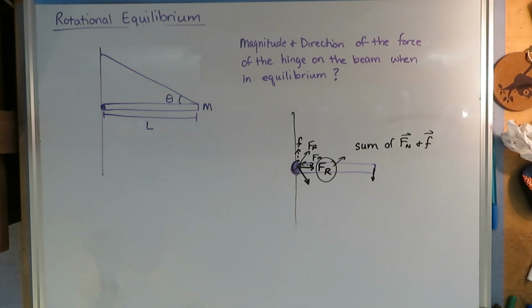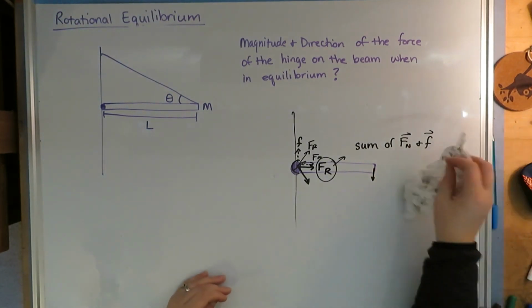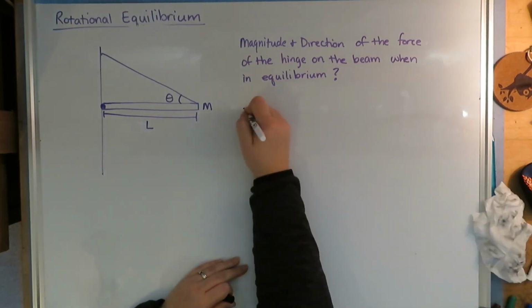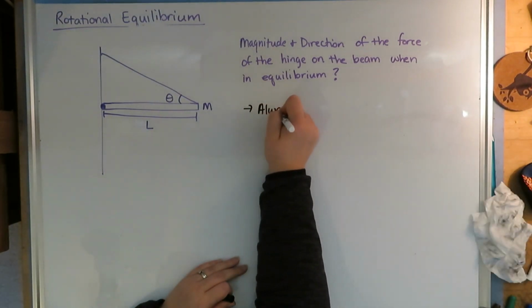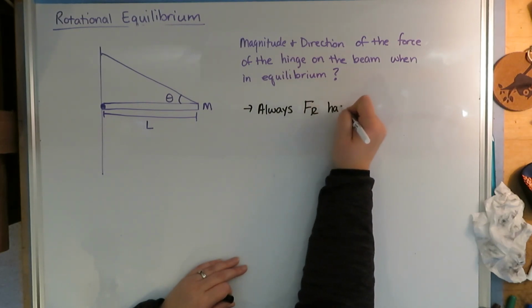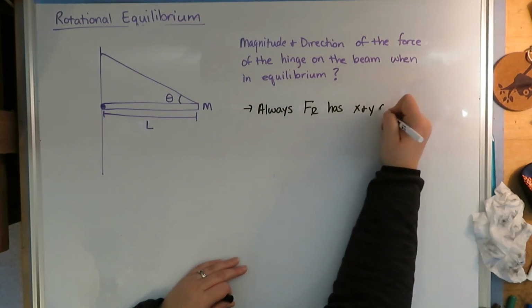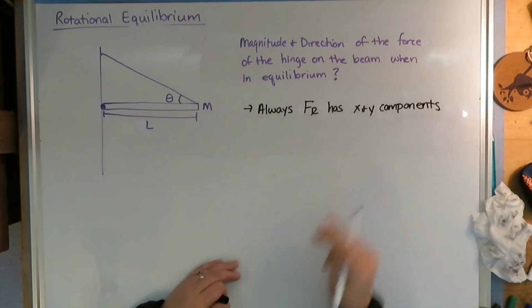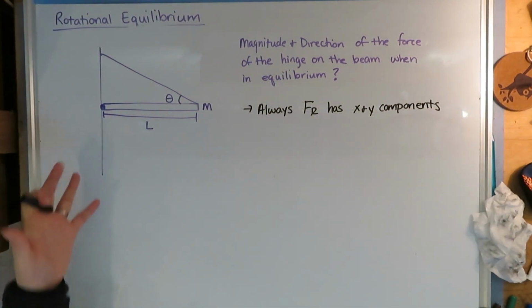But regardless of what these forces are, when you are working a problem like this, you need to always assume that resistive force has X and Y components. So you need to include them in your diagram. And you can include them wherever. I don't know where those components are.